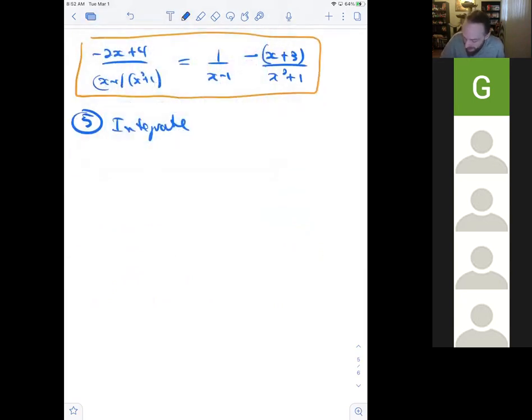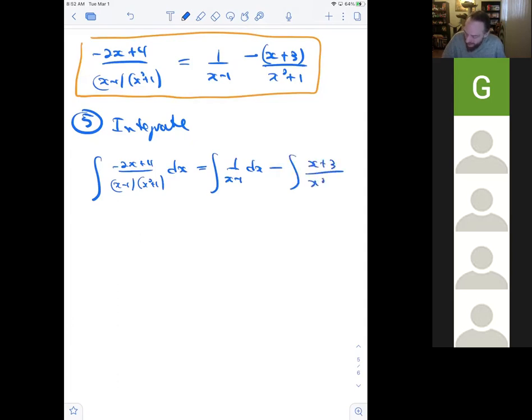So this says that the integral of (-2x plus 4) over (x minus 1)(x squared plus 1) dx is equal to the integral of 1 over x minus 1 dx minus the integral of (x plus 3) over (x squared plus 1) dx. How do we solve this?